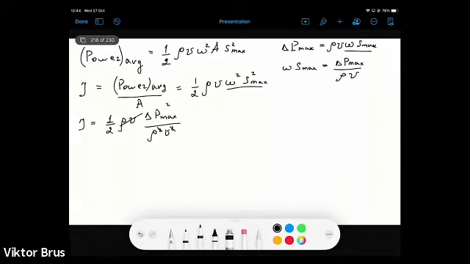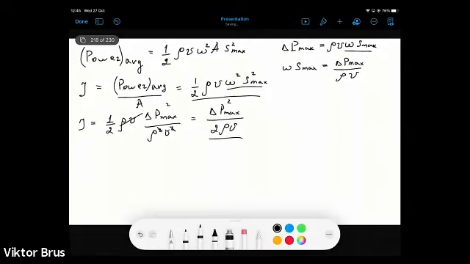And eventually we can express also intensity in terms of change of pressure, amplitude value of pressure in air. That will be delta P maximum square divided by 2 rho times V. Okay, so these are two equations which describe intensity of a periodic sound wave, and you should better remember them.